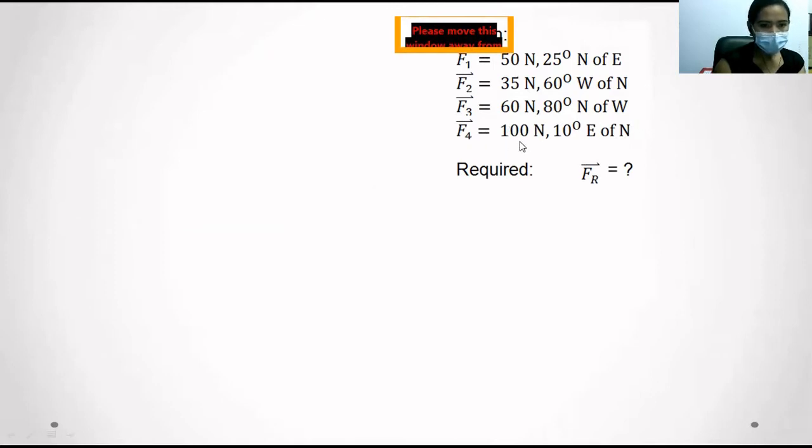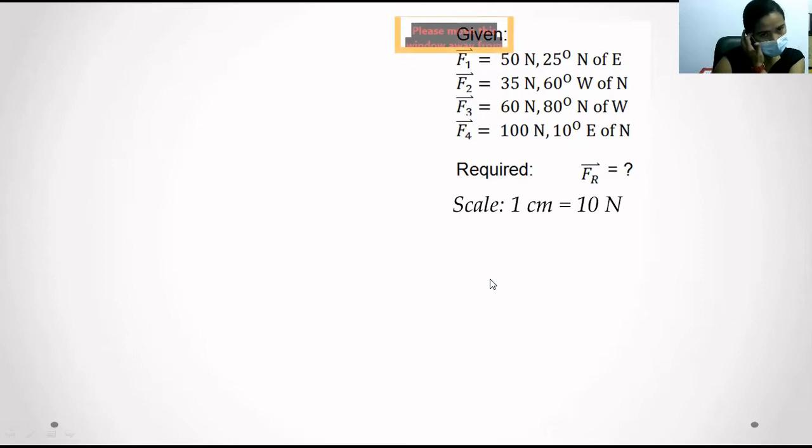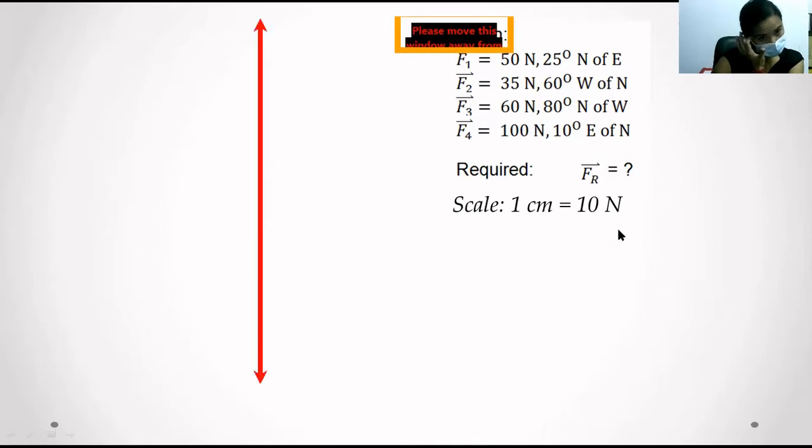And F sub 4, 100 newtons 10 degrees east of north, arranged chronologically as mentioned in the problem. Required was the resultant force acting on the cruise ship. Shall we say we use the scale of 1 centimeter equals 10 newtons?